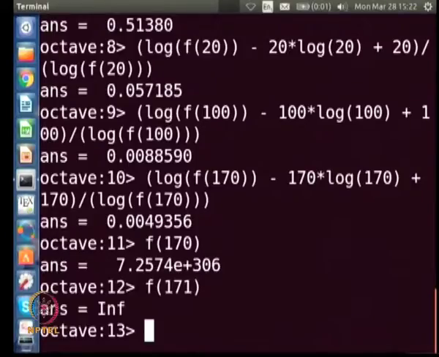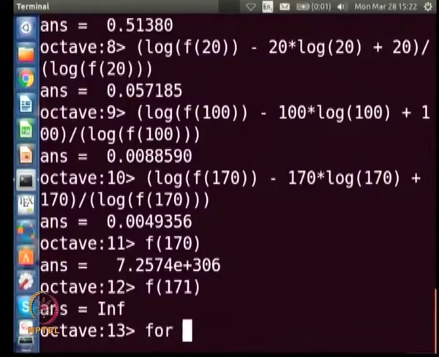Of course, it will be a good idea to do this calculation and plot the approximation as well as the actual function, or even plot the error. So that we can do.